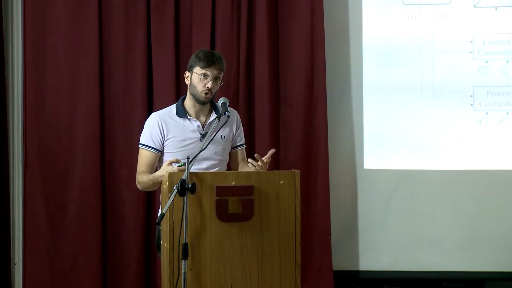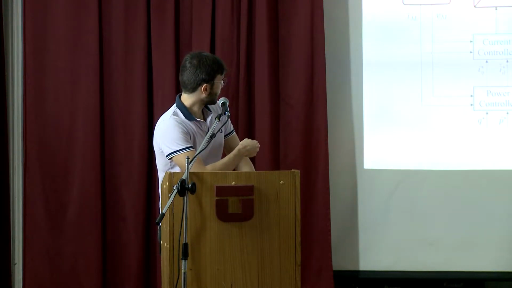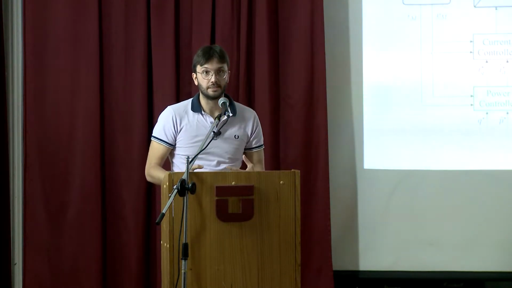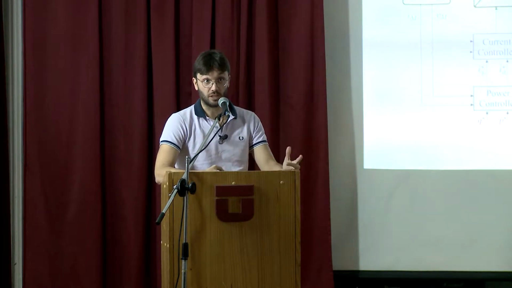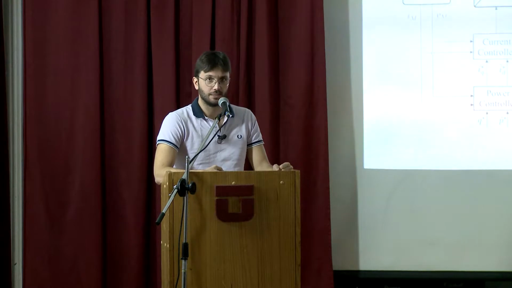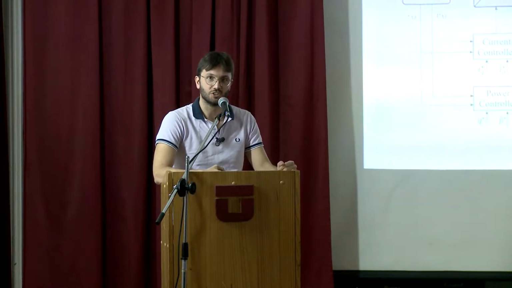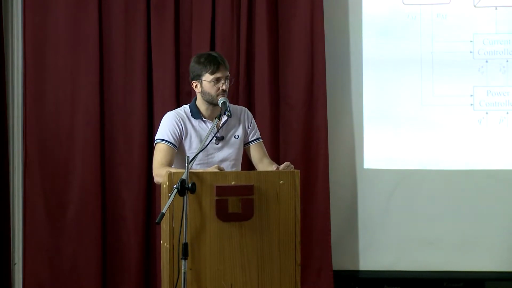But again, we are still talking about current control. Then it operates as an AC to DC rectifier. Rectifier or inverter, there is not much difference. It's just that the sign of the current is different.